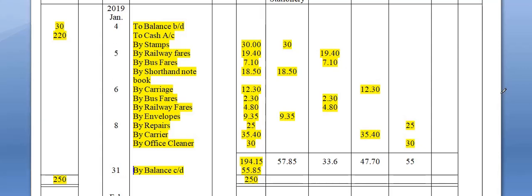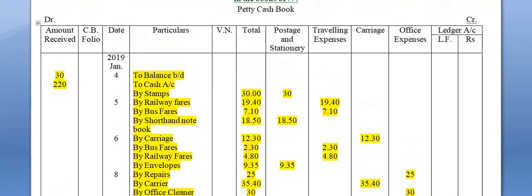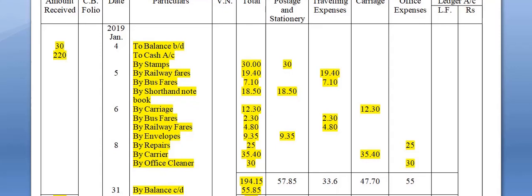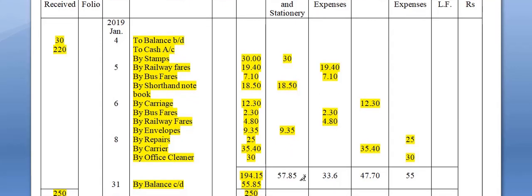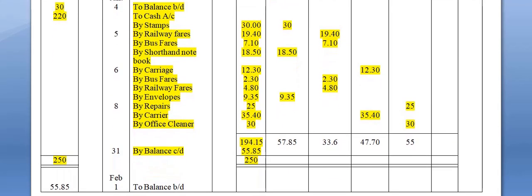Okay, and what you will do next is just find the total of each and every single column out here. For postage and stationery 57.85, traveling expenses 33.6, for carriage it is 47.70, 55 for the office expenses.